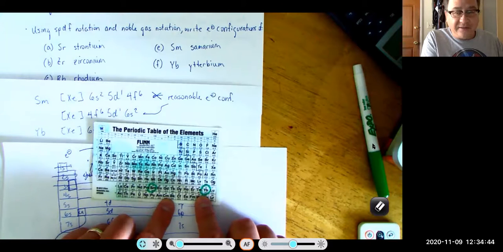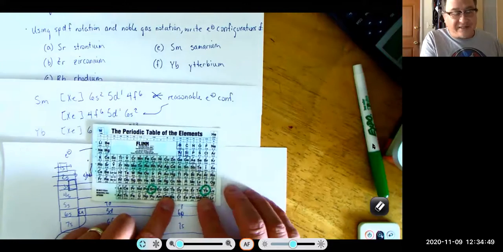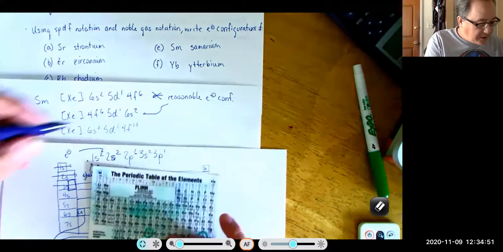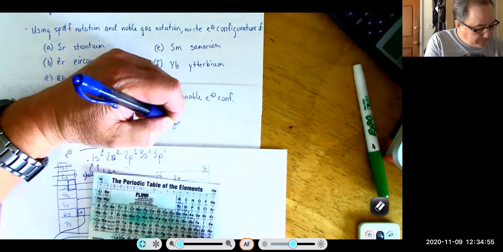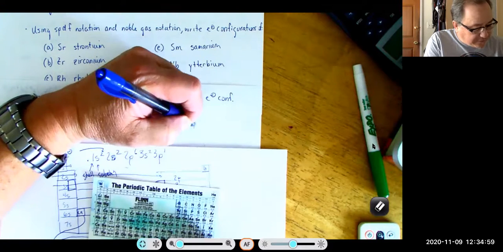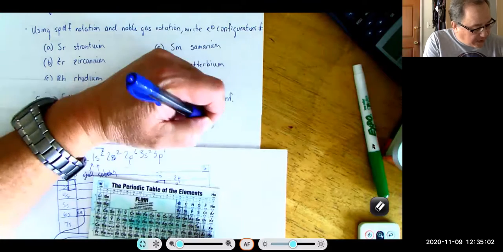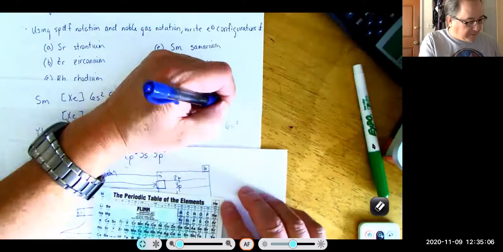Are you with me there? Yep. It's just easier to count from the other side and count down than it is to count up. So we rearrange this and we get xenon 4f13, 5d1, and 6s2. And this is a reasonable electron configuration.